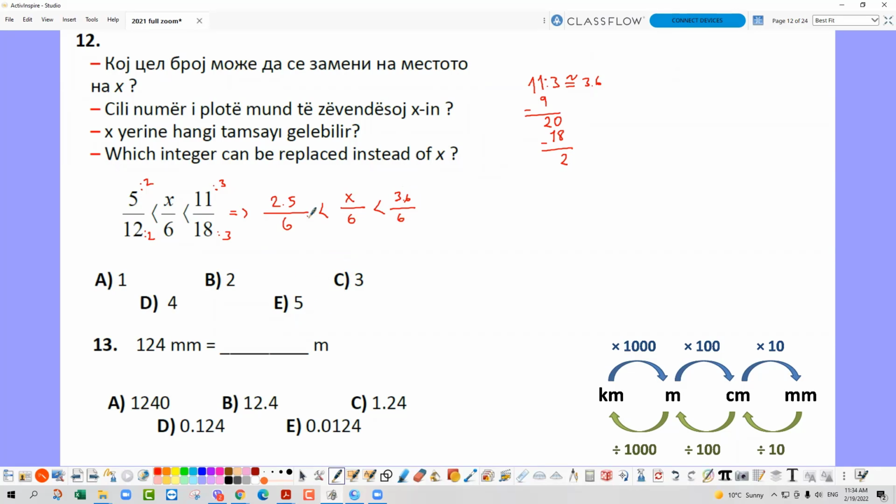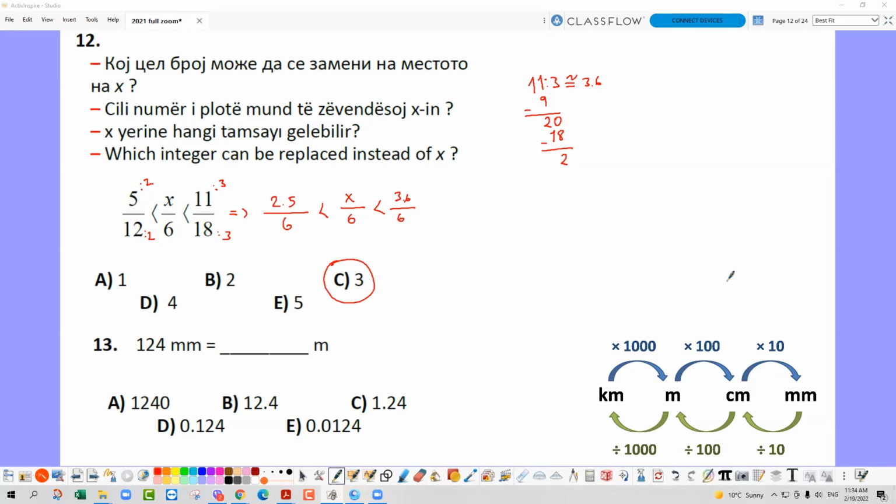Now all the denominators are the same, 6, 6, 6, so I can compare the integer values. The value of x should be between 2.5 and 3.6. 1 is less than 2.5, and 2 cannot be because it is less than 2.5. So the only value you can place here is 3. 4 is bigger than 3.6, so it is not suitable, and neither is 5.